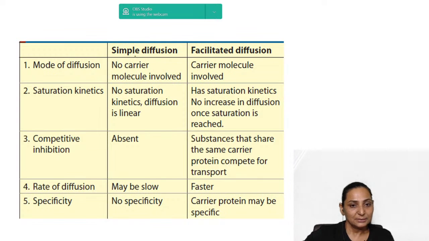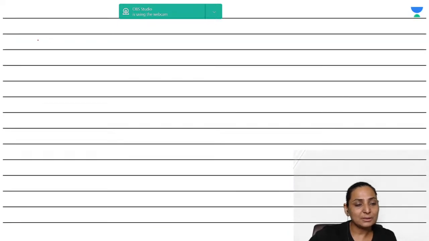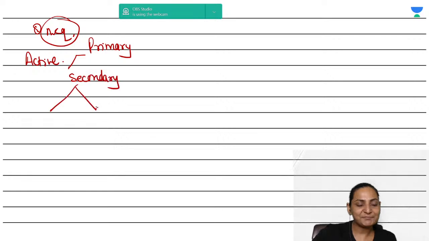Now, very important MCQs come from this, or I can ask you another question: give me examples of active transport. So we have primary active transport and secondary active transport. We have classified the primary and the secondary as co-transport and counter transport.